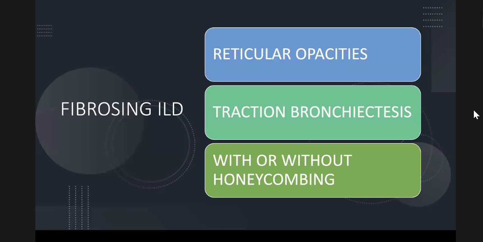Don't even bother about honeycombing at first stage. And if, as a young radiologist, on an HRCT scan, you can pick up fibrosing lung disease, half the battle is won. So this is very important. Then we go on whether there is honeycombing, not honeycombing, what are the other features, and how we proceed.